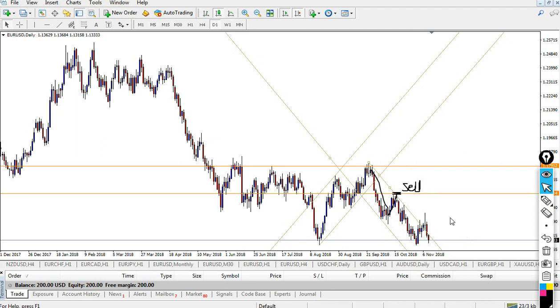Now the work is done. Okay, now here we see that market, sorry, let me finalize it very perfect and clear to understand, like this, and then it's going down. Okay, now it's perfect.